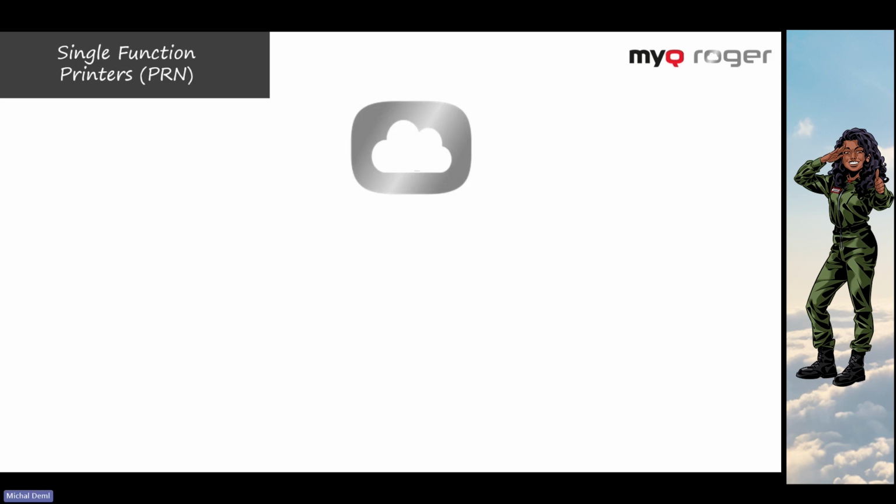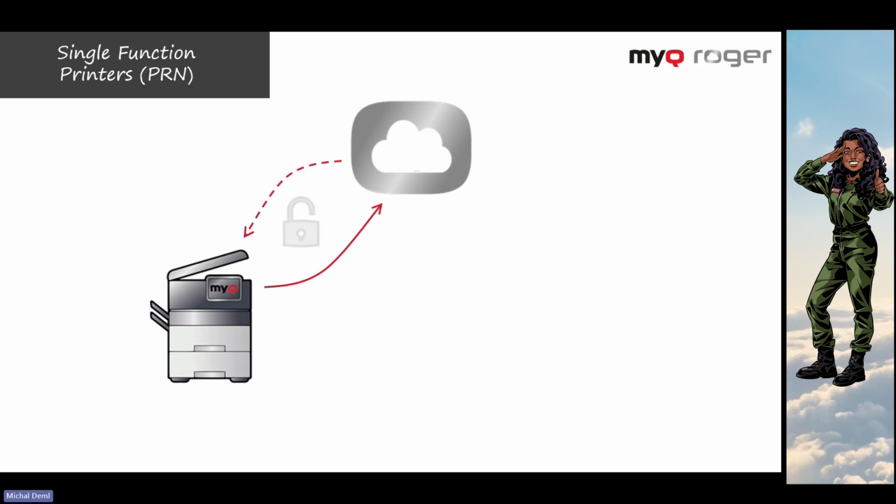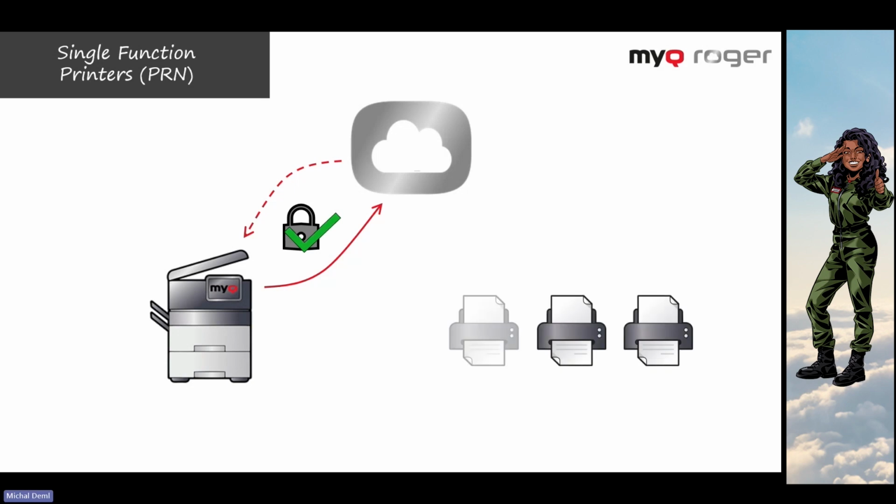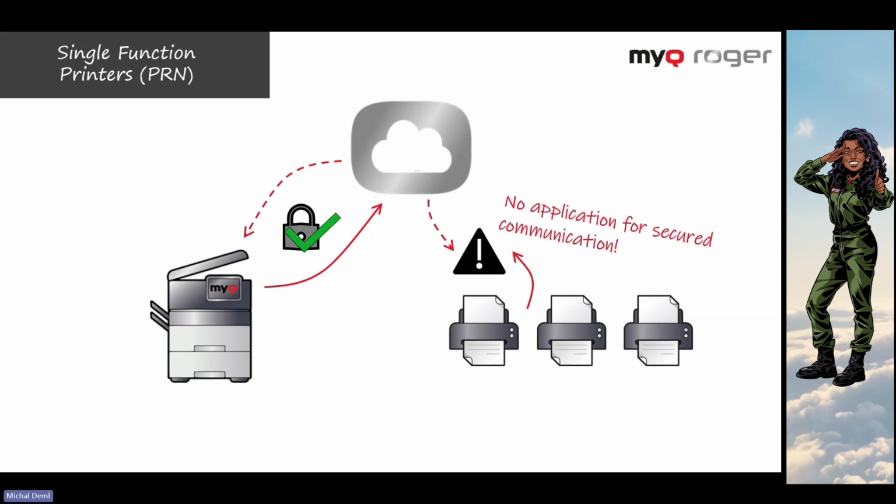Because we're talking about a cloud, there could not be anything that will be actually communicating with the device. In a case of the multifunction, it is the application that establishes the connection and makes sure that everything is secured. But in a case of the single function device, this approach is simply not possible because there is nothing that would actually make sure that the communication can be authenticated or secured.